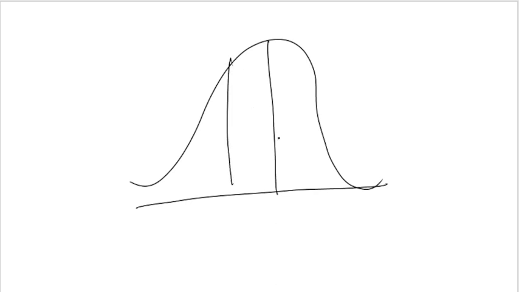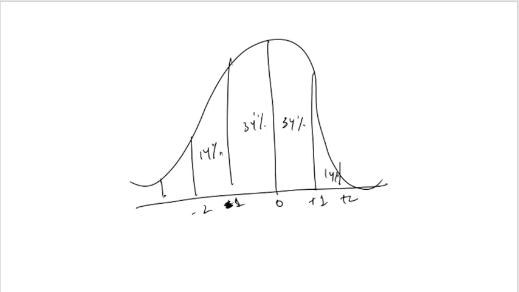In the first standard deviation, there are going to be 34% of the people, both negative as well as positive standard deviation. Then 14% of people are going to be in the second standard deviation, negative and positive, and at last 2% of people are going to be there.